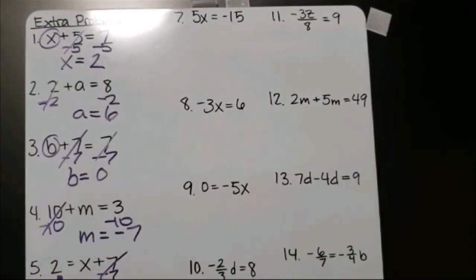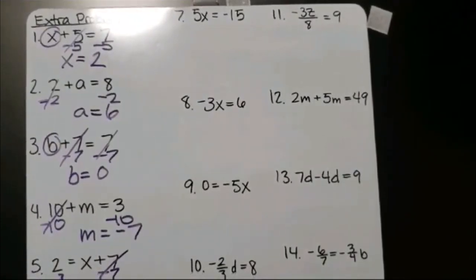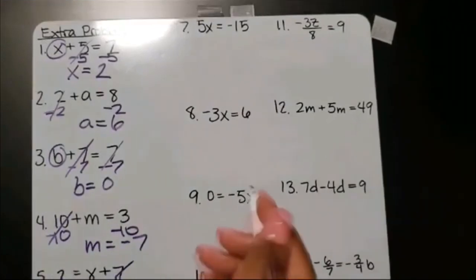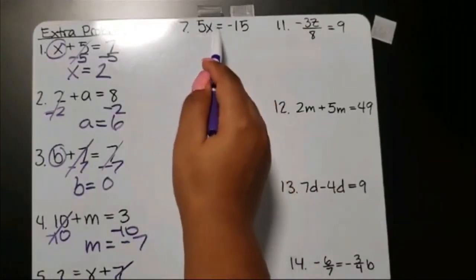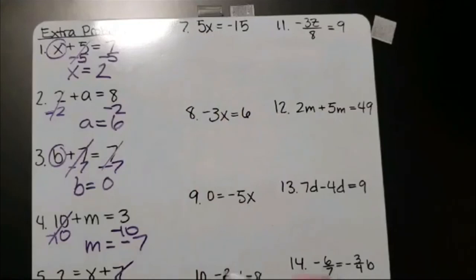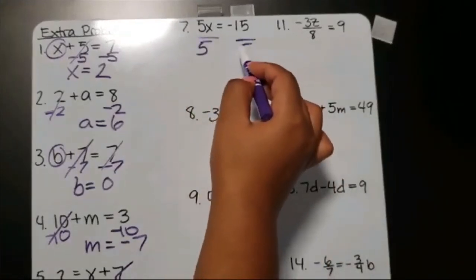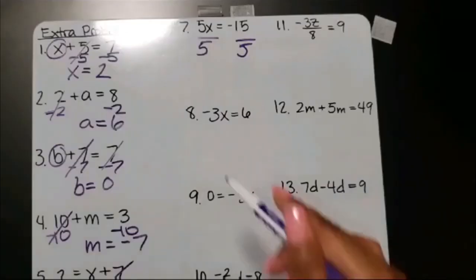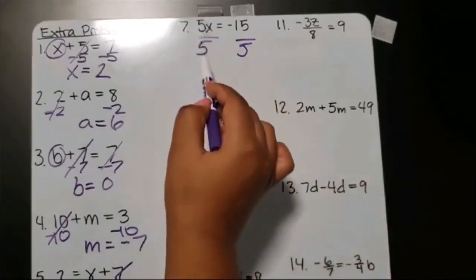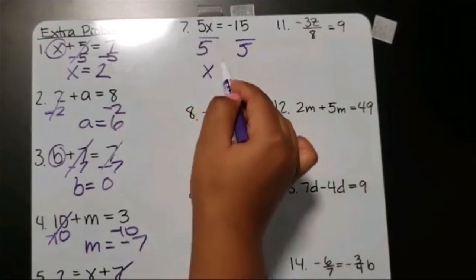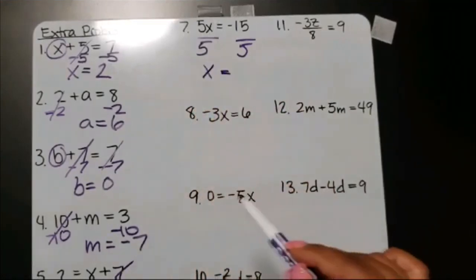We have 5x equals negative 15. And the 5 is being multiplied by the x, so that means we need to divide both sides by 5. So 5 over 5 is just 1, so the x is left over here by itself.